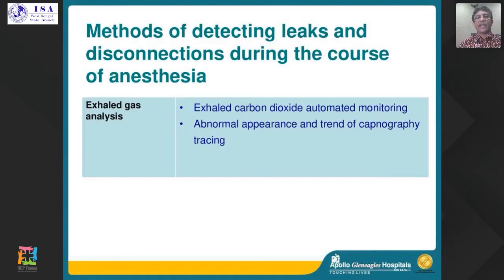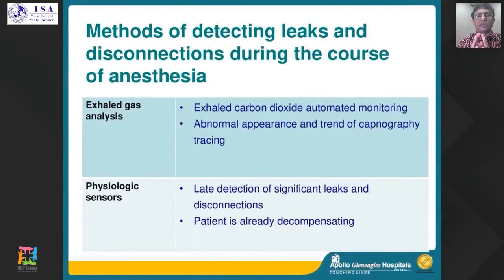And any abnormal appearance and the trend of the capnography tracing. Capnography will be taken up completely separately in this part of the course. The thing to be remembered is that you cannot rely on physiological sensors like a drop in SpO2, drop in heart rate, drop in blood pressure to figure out any leaks or anything that is happening to the anesthesia machines.